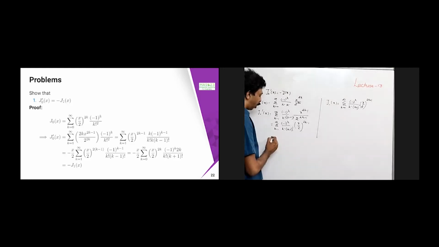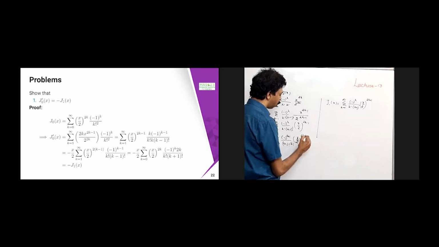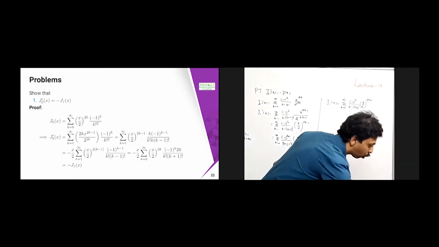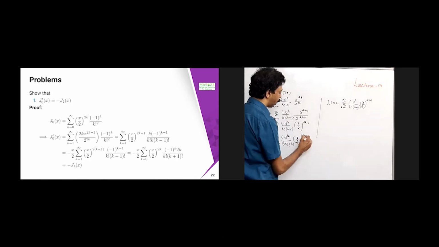In that case, wherever k is there I replace it: summation k equal to 0 to infinity, minus 1 power k plus 1 divided by k plus 1 factorial into k factorial, into x by 2 power 2k plus 2 minus 1, which becomes 2k plus 1.